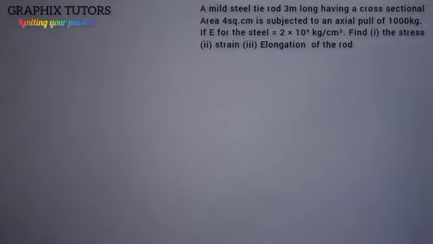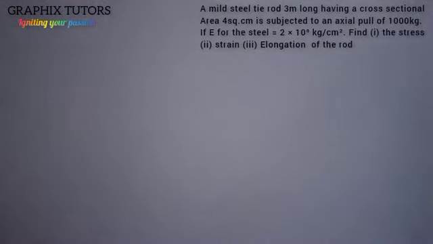Now it is subjected to an axial pull of 1000 kilograms. So the force acting on it, we call it P, or sometimes you can say F, and that's given as 1000 kilogram, right?